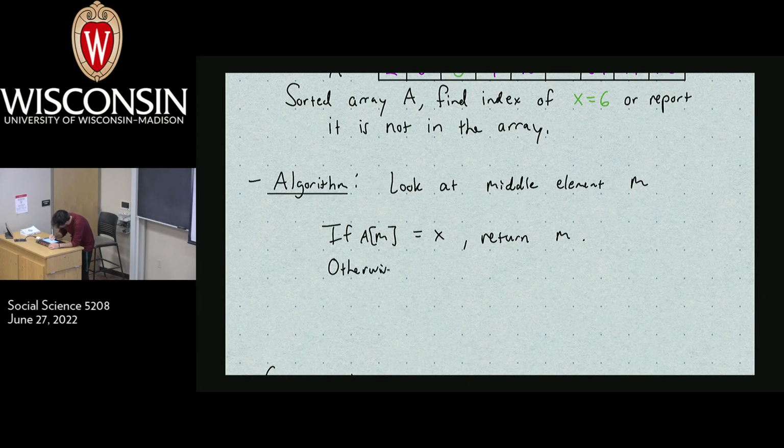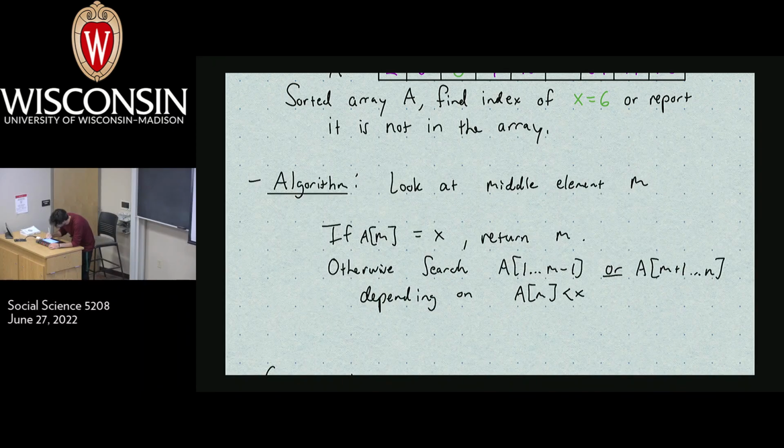Search the first half, which is up to M minus 1, or the second half, depending on A[M] being less than X or A[M] being greater than X. Okay? So that's our algorithm.